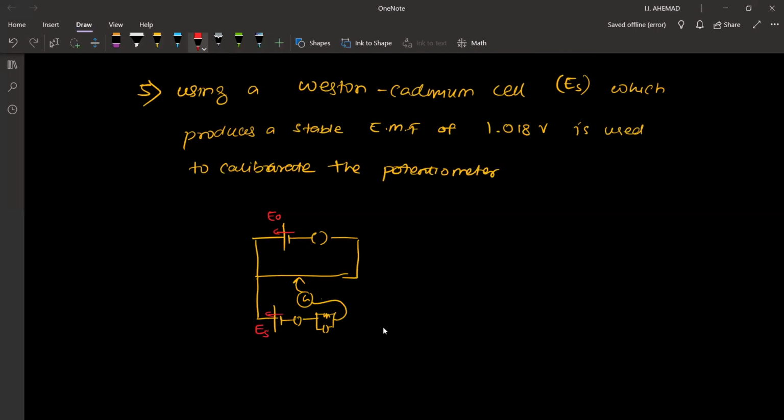This is where we are going to use the cadmium cell, okay? And this is the length L, the balance length L. So here ES is equal to K times L. So K is equal to ES over L. Okay.